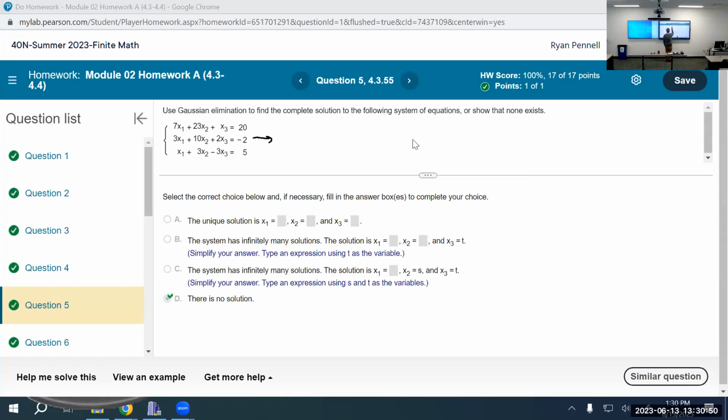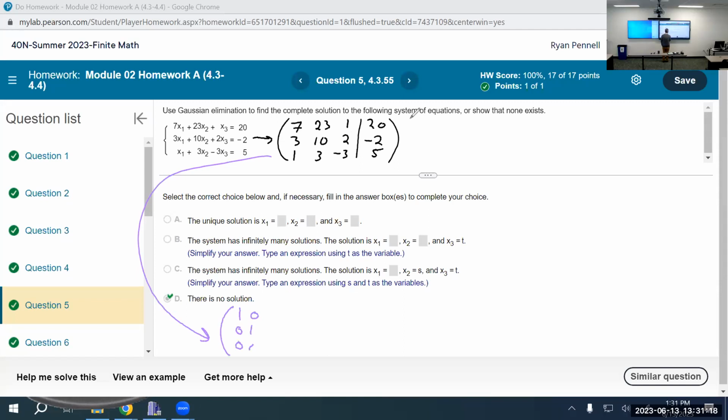So if I convert this into a matrix, I got 7, 3, 1, 23, 10, 3, 1, 2, -3, 20, -2, and 5. So again, ideally, we will do some row operations, which would cause this to go to 1, 0, 0, 0, 1, 0, 0, 2, 1, some number, some other number. That's what we'd want to occur to find a unique solution.